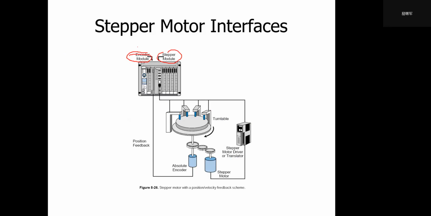The stepper module gives the signal to the driver or translator. The translator gives the signal to the stepper motor, and the status is fed back by the absolute encoder to the encoder module.